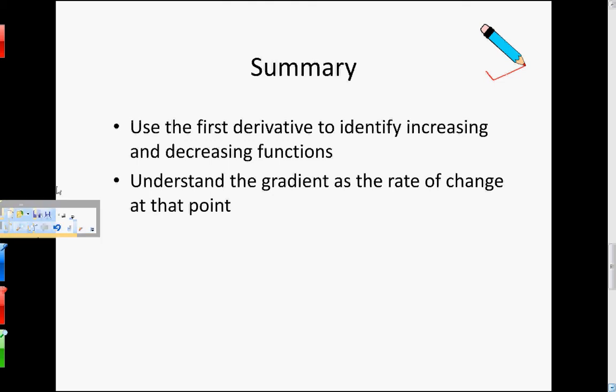Okay, so let me summarize that using symbols. Basically if I take dy/dx and it's more than 0, then this is an increasing function.